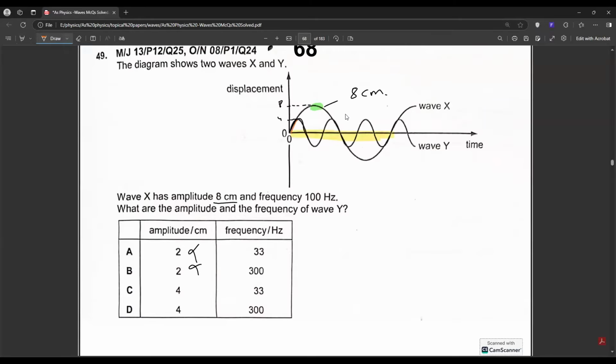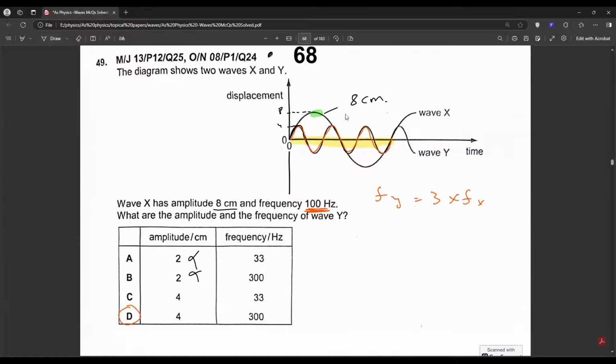One wave of X is covering 3 waves of Y. That means the frequency of Y is 3 times the frequency of X. What is the frequency of X? 100. What will be the frequency of Y? 300. D is your answer. Let's check question 68. 68 should have an answer of D, and D it is.